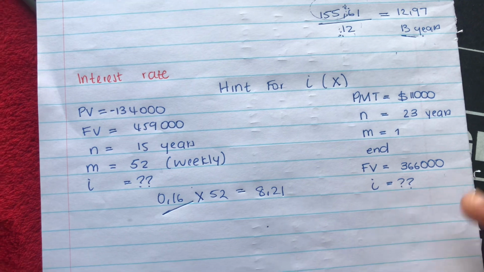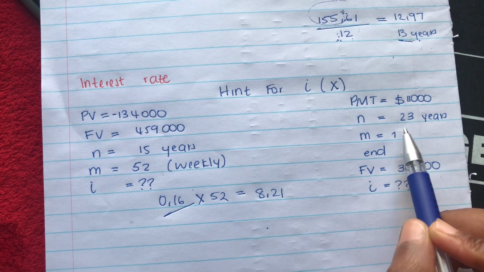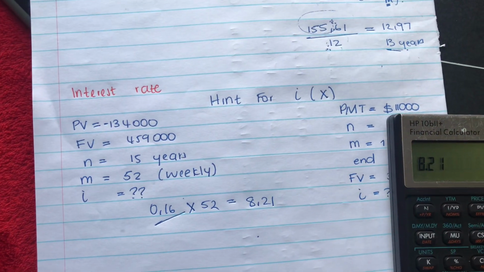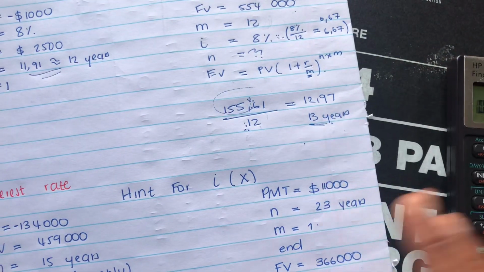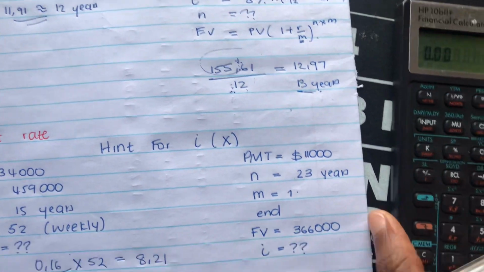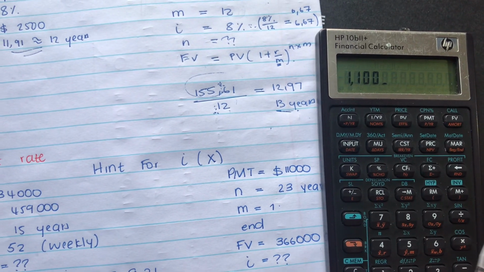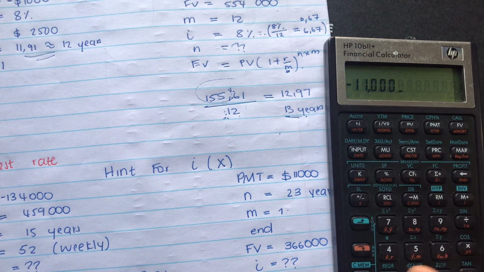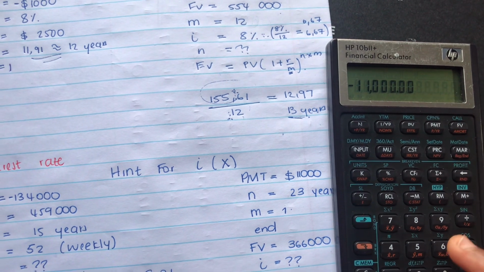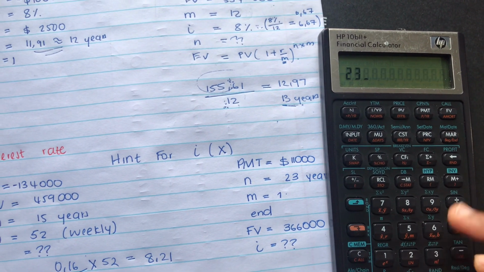And then coming here, this is easy because this is annual. Annual is not going to ask us to multiply by M because it's already 1. We're given here the PMT, the payments. With the payments, we need to make it negative. That's our payment, and then our N is 23.